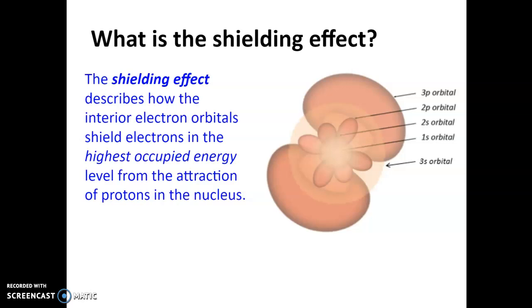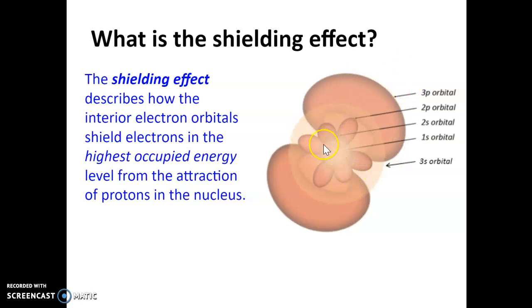And you can kind of see in this image that there's these layers, right, of the electron clouds. Here's the 1s really close to the nucleus. And then as we move out and we're sort of encompassing these other orbitals and getting bigger and bigger, we're getting farther from the nucleus. And if you're out here in the outsides of this 3p orbital, not only are you far away from the nucleus, there's a bunch of stuff in the way between you and the nucleus.